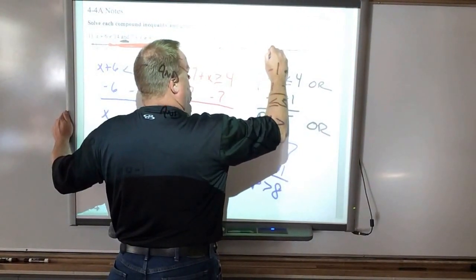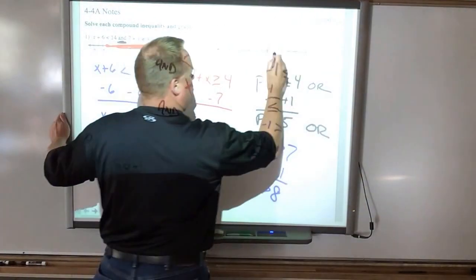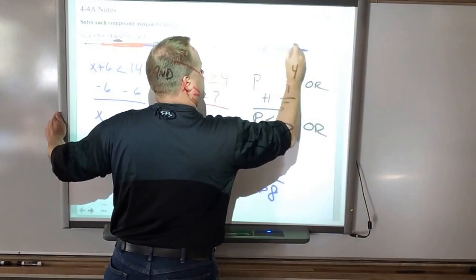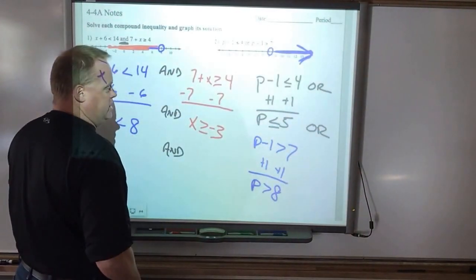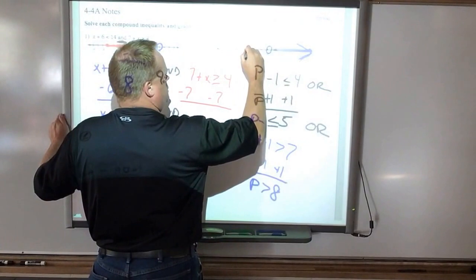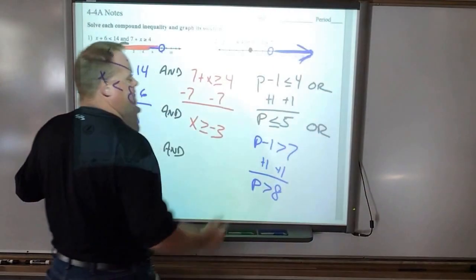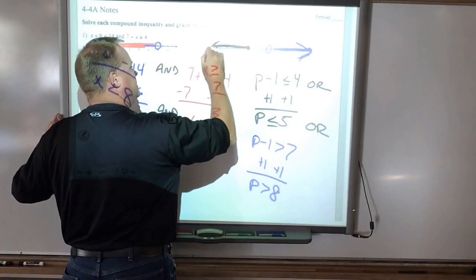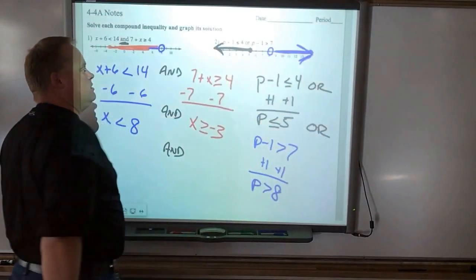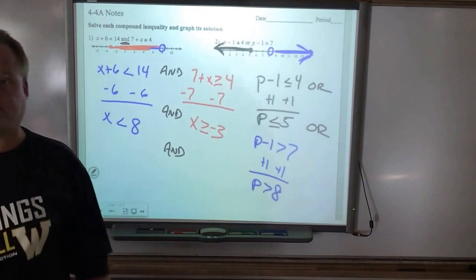So I am open circle at 8 and I'm greater than. So I'm going to graph that inequality. And then I am less than or equal to 5. Closed circle at 5. Less than, so I'm going to the left. I want to be less than 5. Smaller. And there I am.